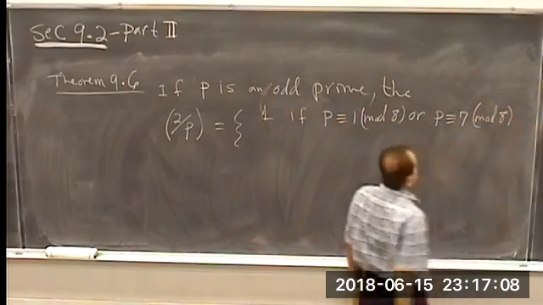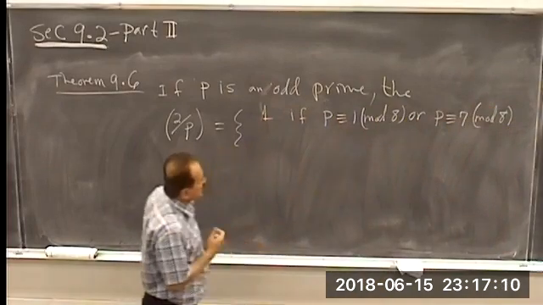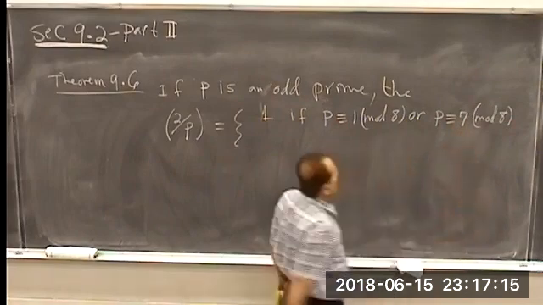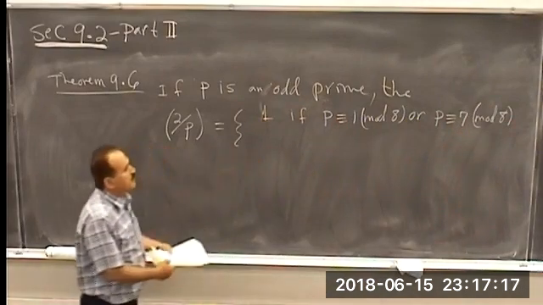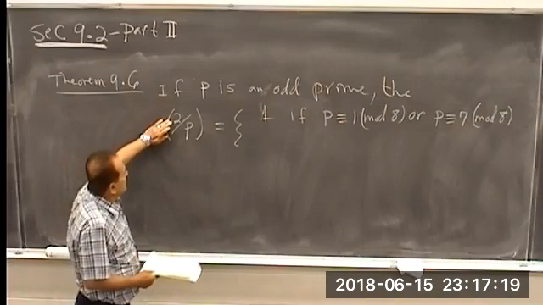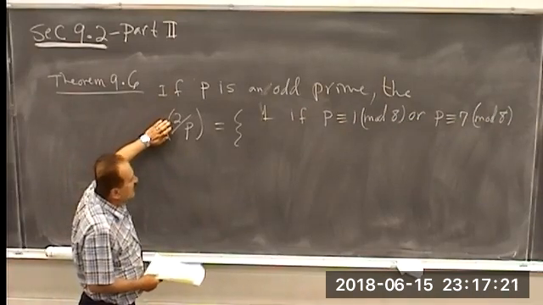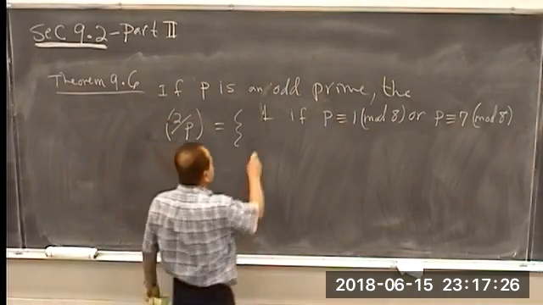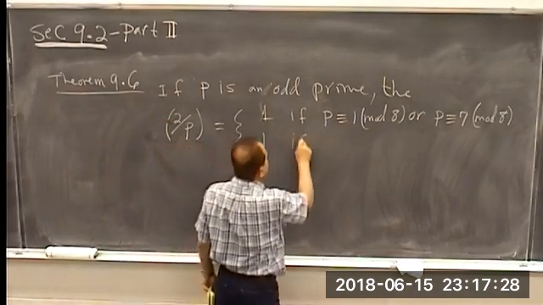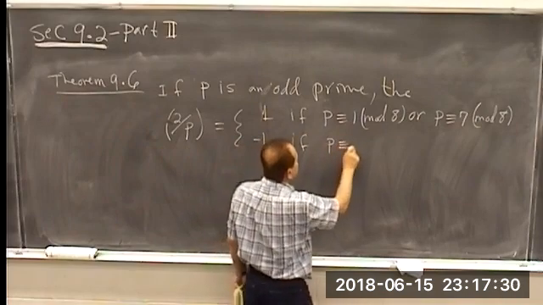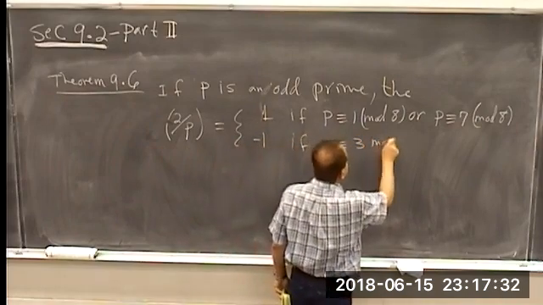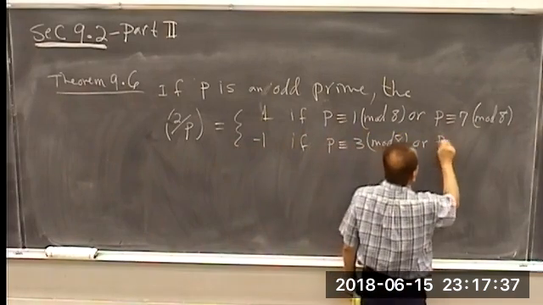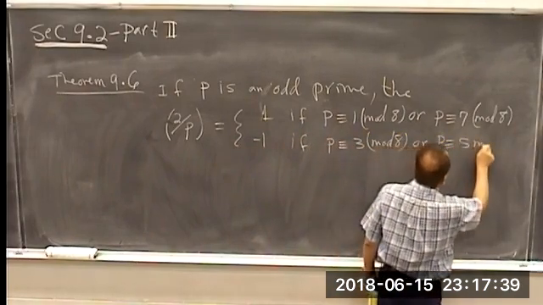So for primes of the form 8k plus 1 and 8k plus 7, 2 is a quadratic residue. And it's going to be negative 1 for the other primes, if P is congruent to 3 mod 8 or P is congruent to 5 mod 8.